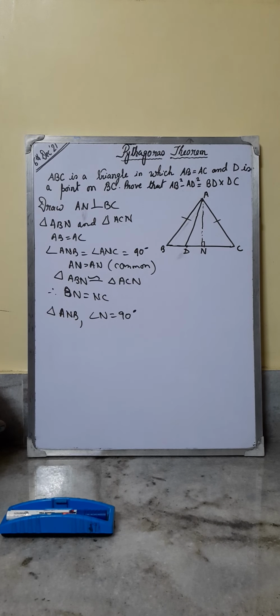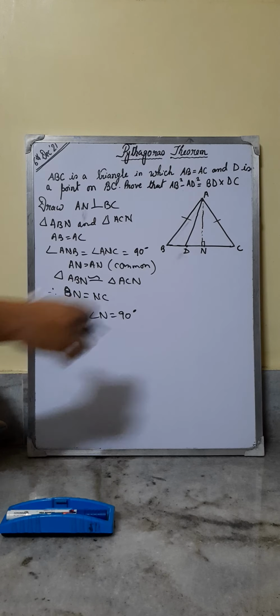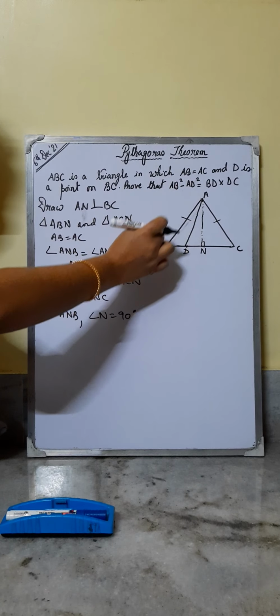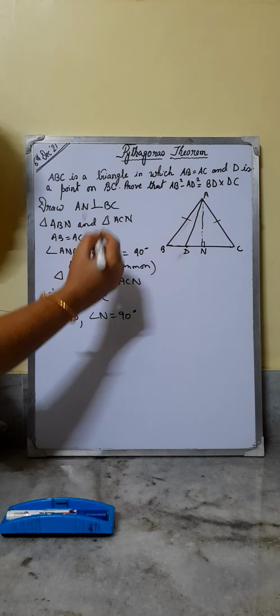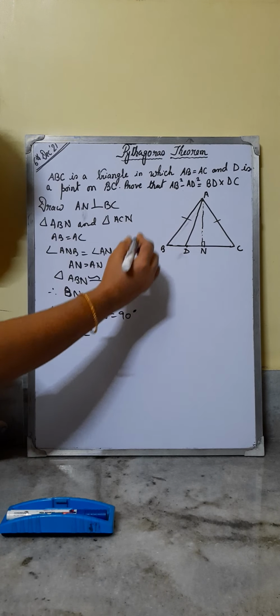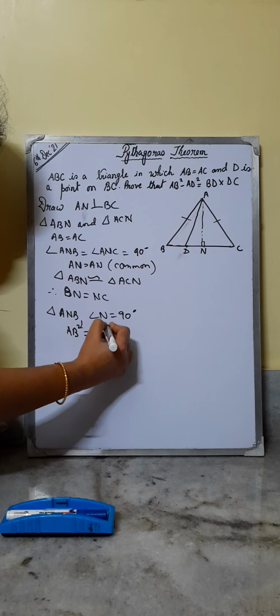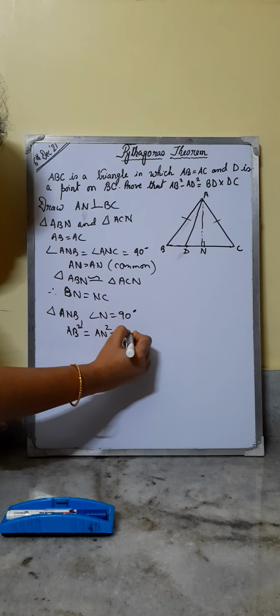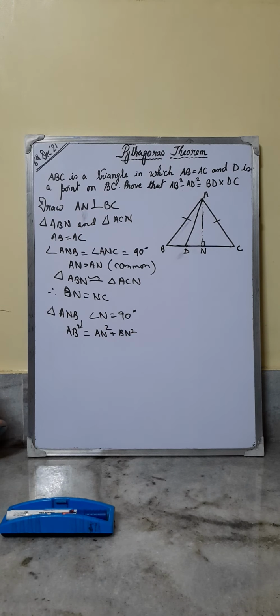You know that Pythagoras theorem is applicable in a right angle triangle. If this is 90 degrees, that means AB is the hypotenuse. So according to Pythagoras theorem, AB square equals AN square plus BN square.